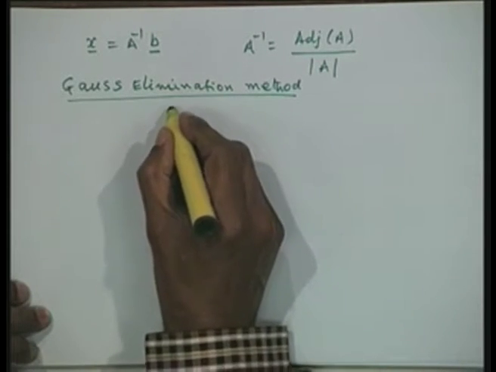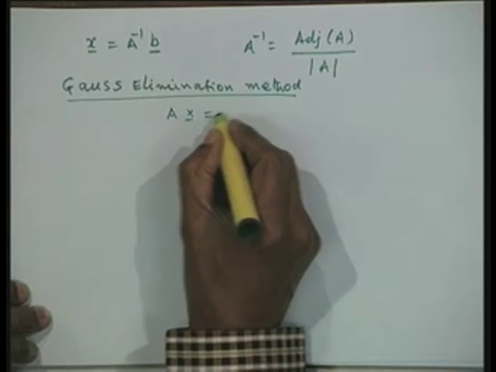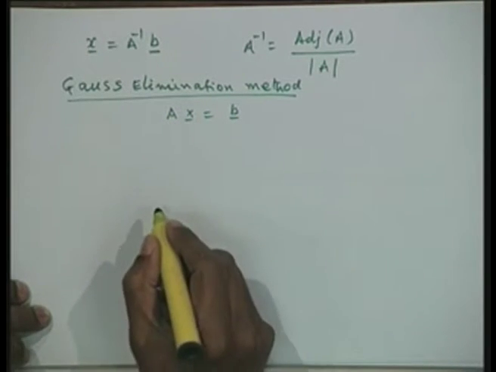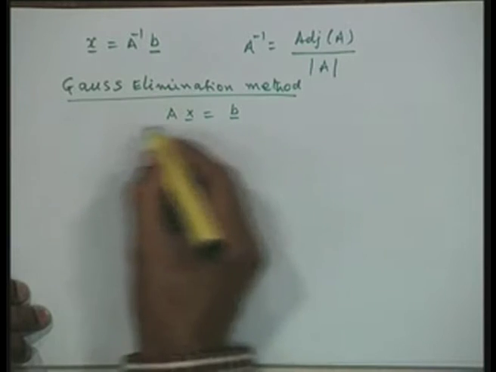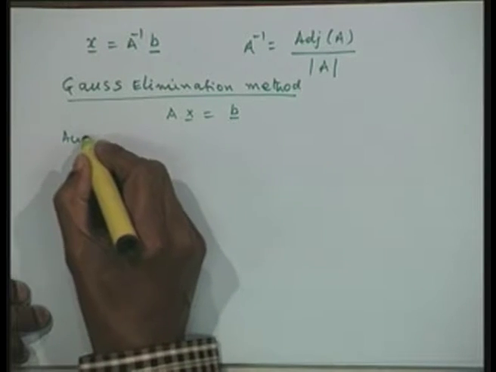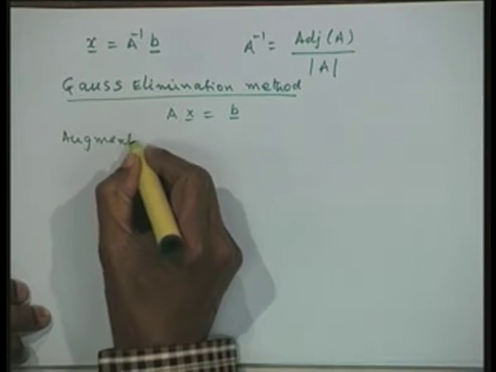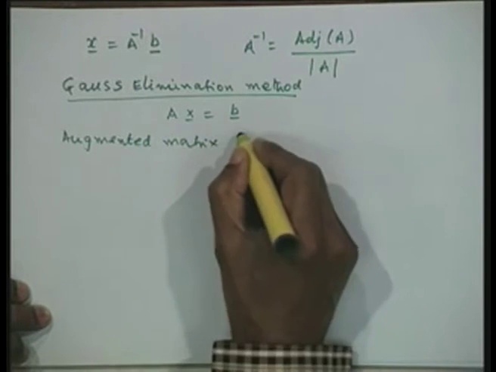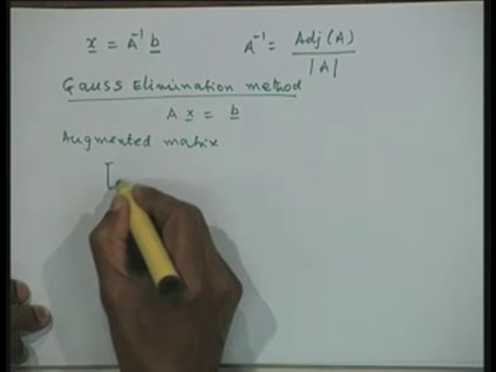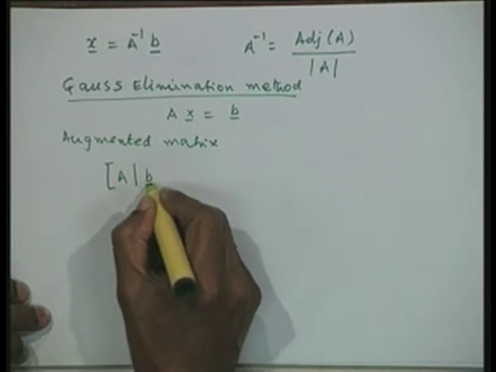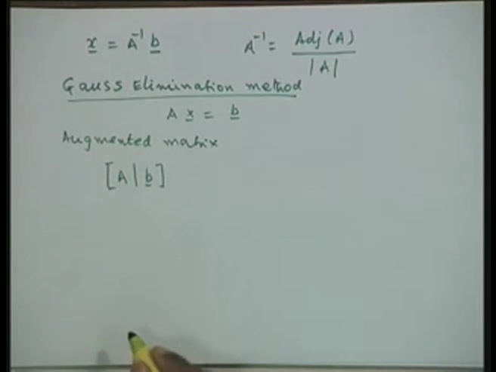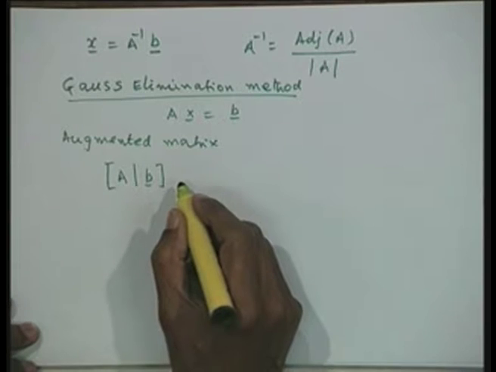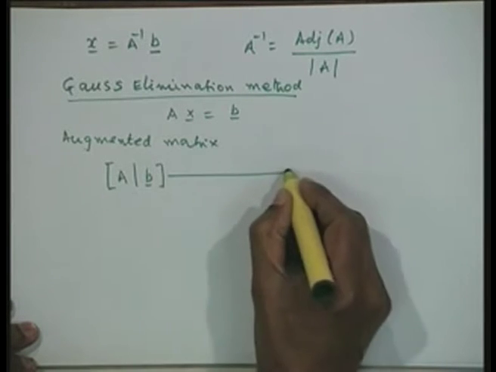So, what we have here is our system of equations Ax is equal to b. Then I will write down the augmented matrix for this system. The augmented matrix is A B. What the Gauss elimination procedure tries to do is to reduce this system to an equivalent system.